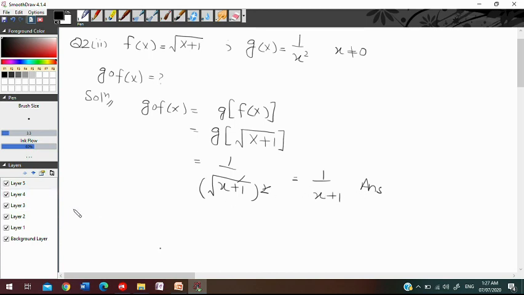Now the third part of this question is f of x equal to 1 divided by under root x minus 1, where x is not equal to 1, and g of x is equal to x square plus 1 whole square.